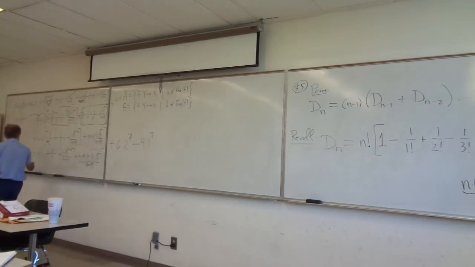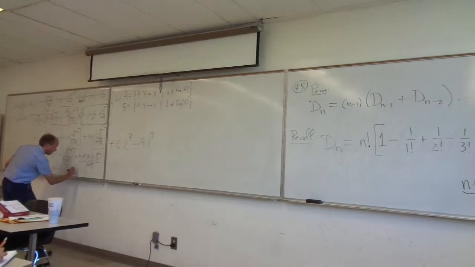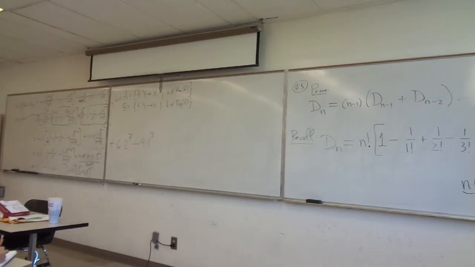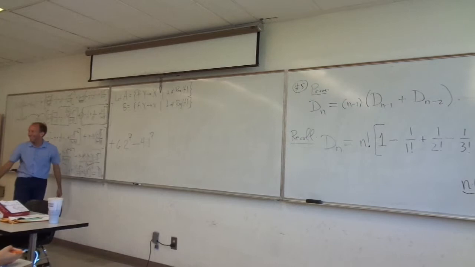So you see, this expression that we have is exactly n factorial times, I'm just going to do a big ditto here, plus n factorial times the last two terms over there, which are negative 1 to the n minus 1 over n minus 1 factorial, plus negative 1 to the n over n factorial. And that's simply rewriting this thing right here. So then it equals d sub n at that point.